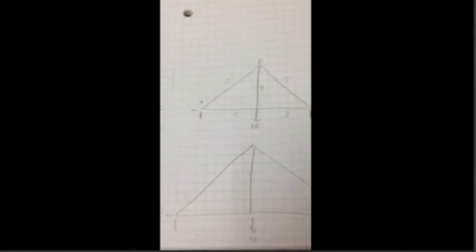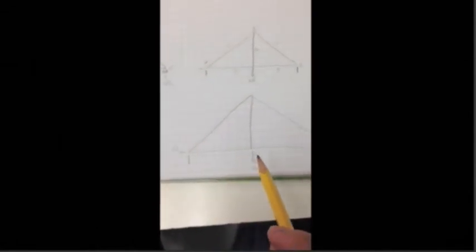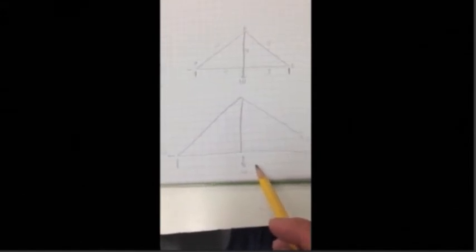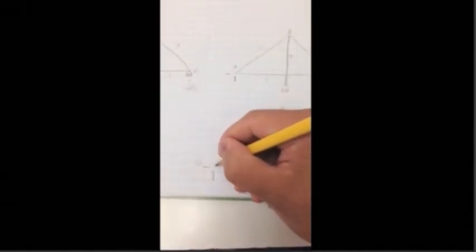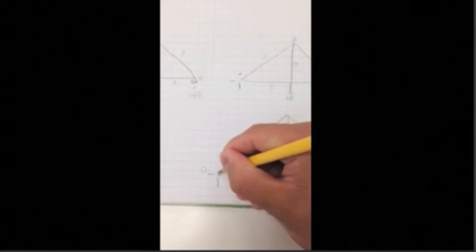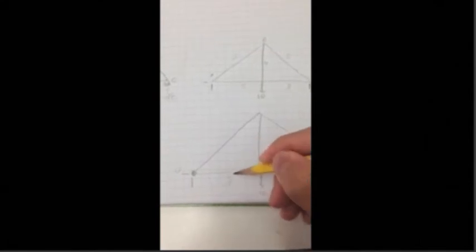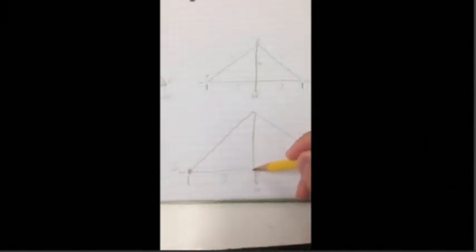So we're going to establish a joint right here, and we're going to imagine that this member is turning this joint clockwise, and this long member right here is turning this joint in an unknown direction.